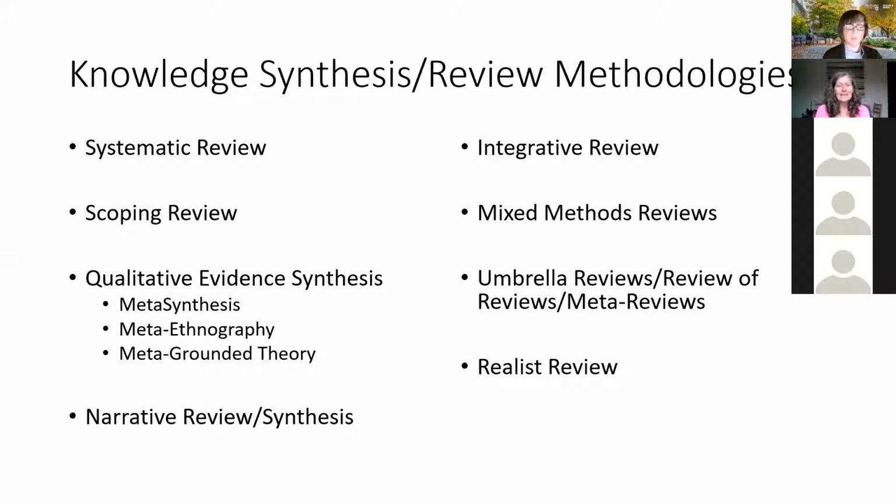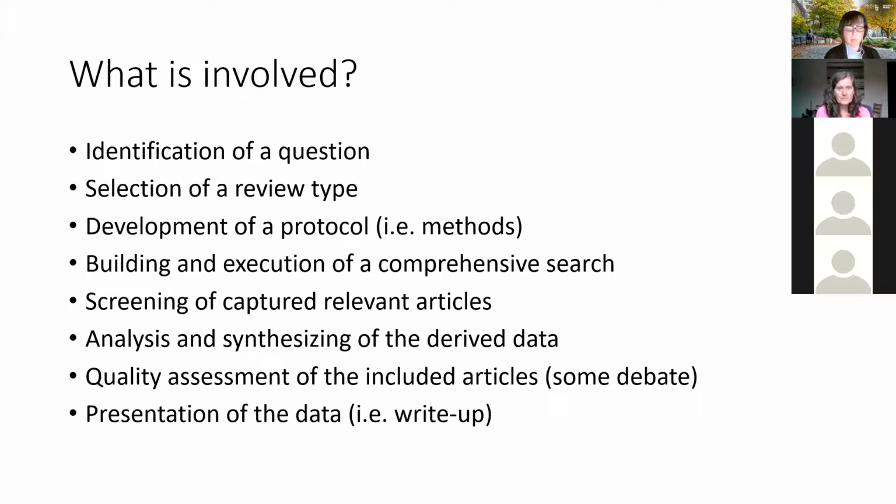And again, they tend to fall under the umbrella of a systematic review, but there's a lot of variety. And it's important to realize that because the methodology could be different. The time frame is a huge factor, and the depth of the scope is also a factor in what type of review you're going to conduct.